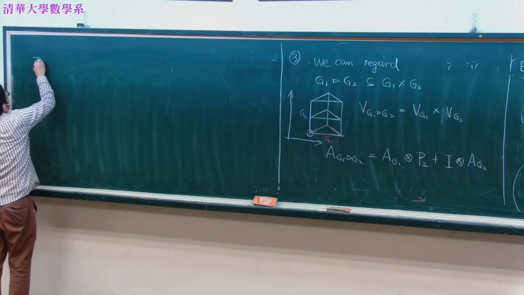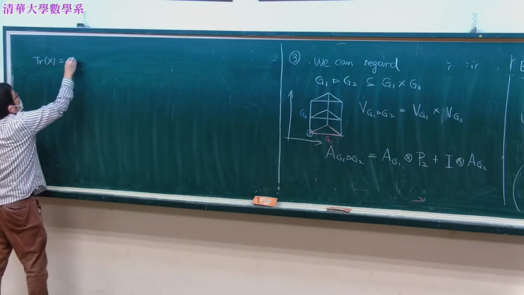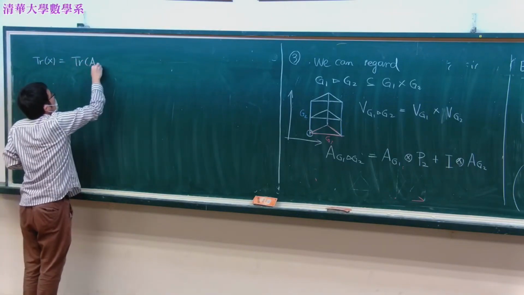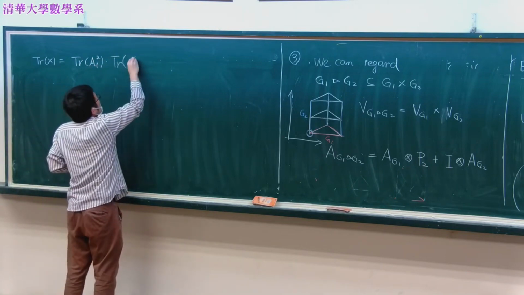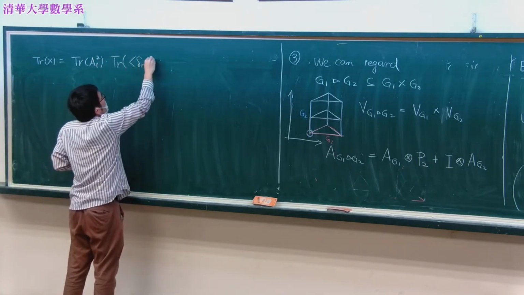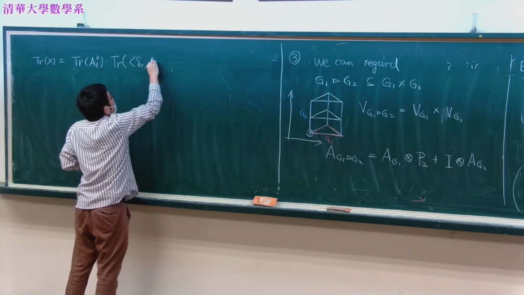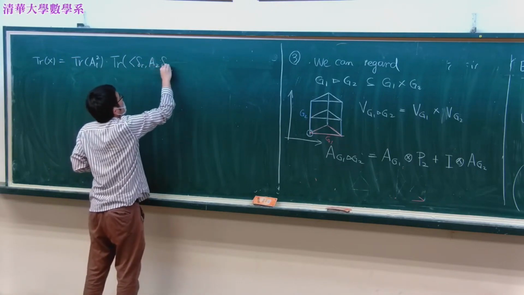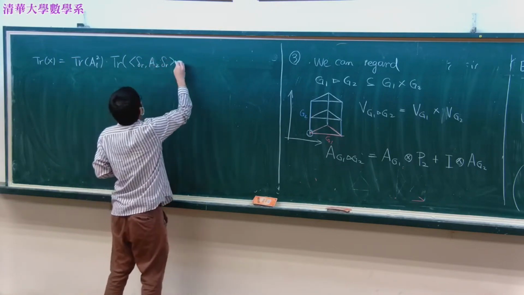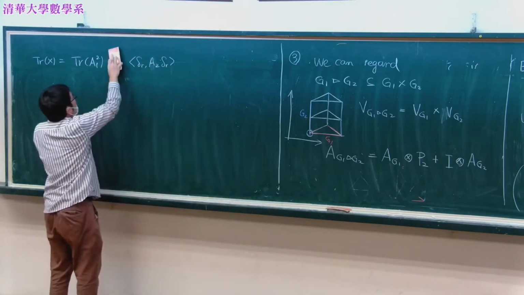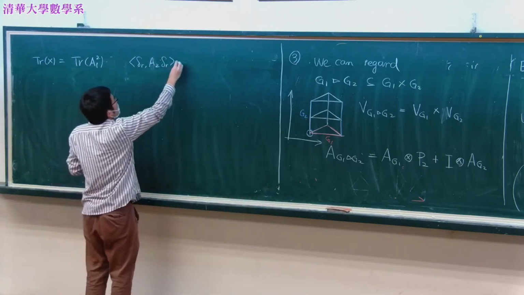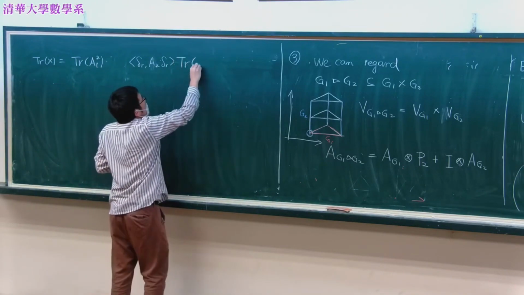Then trace x is just trace A1 square times the trace of the inner product, and this is a scalar, so let's take it out of the trace, times trace of A2.